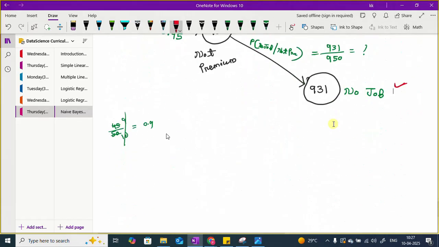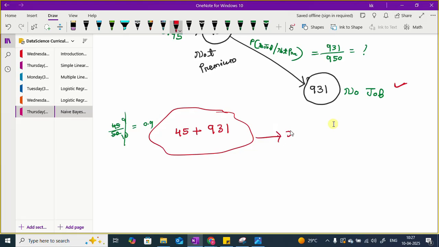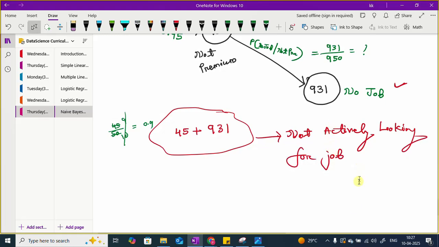Now tell me how much that is? 45 plus 931. These are the people who are not actively looking for job. Guys, clear?